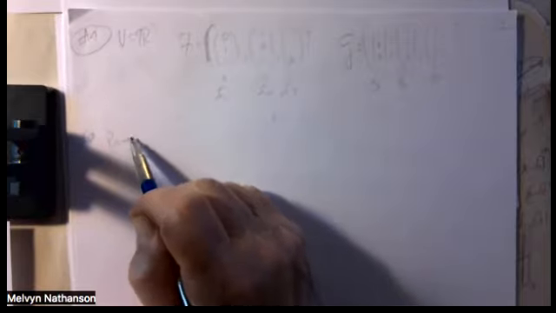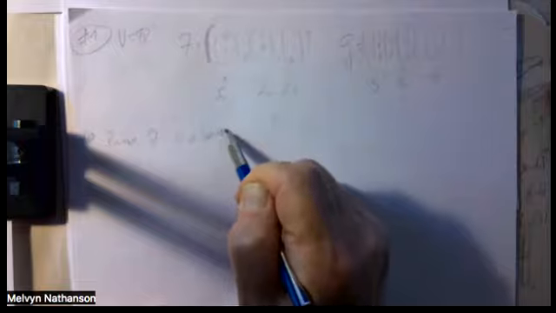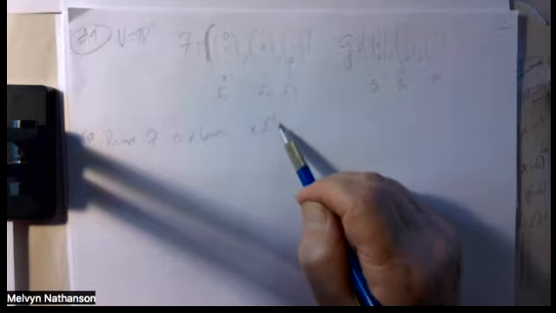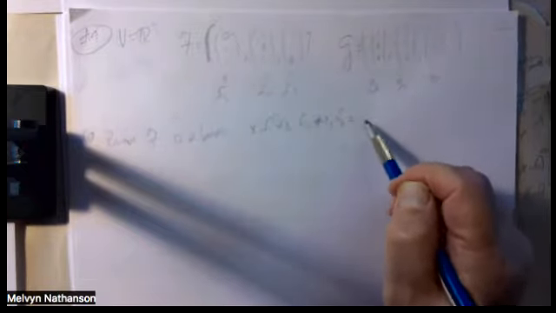So first step is to prove these are bases. So let's prove F is a basis. So if I have a linear combination of these vectors, x1 f1 plus x2 f2 plus x3 f3 equal to the 0 vector, what does that mean?